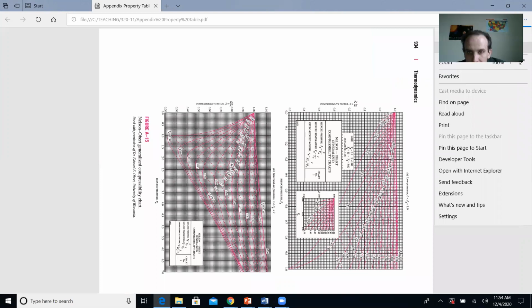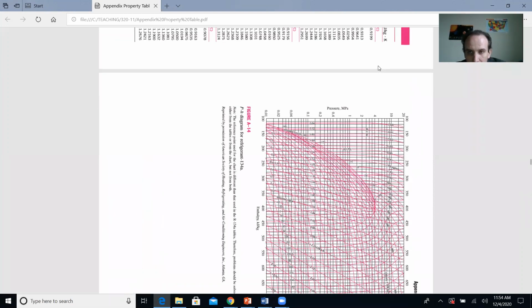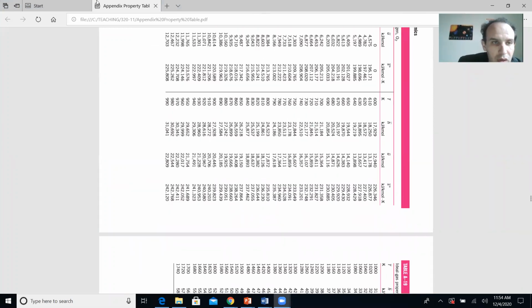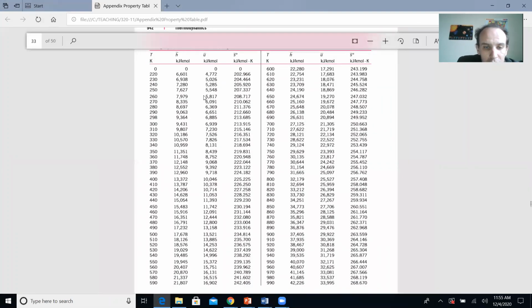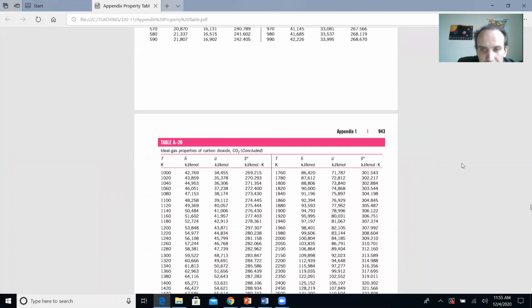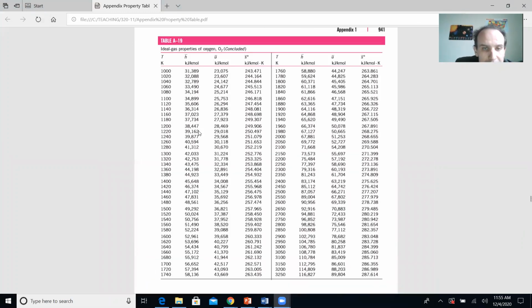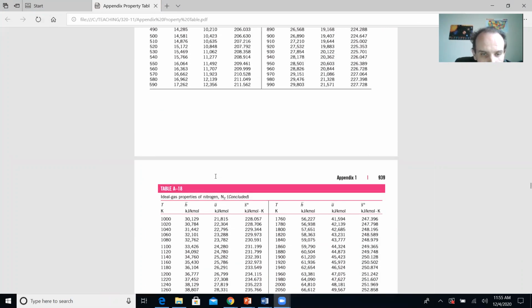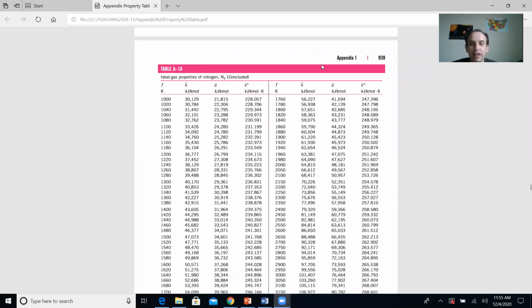Table 12. Nitrogen table here is the following. Nitrogen table is, I think, table 19. Oxygen is here, yes, it's table 8. So table 18, you go to table 18.